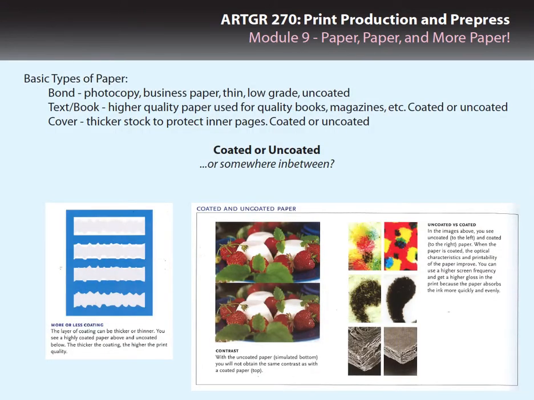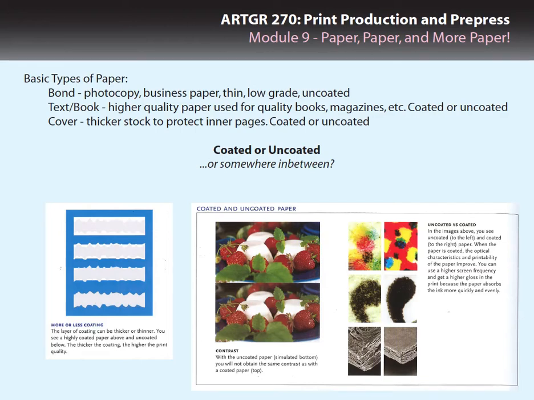So we have some basic types of paper, mainly what we'll use for graphic reproduction is the text and book paper, or cover stocks. Bond paper is your basic business paper. For photocopying, it's very thin, it's a low grade type of paper, uncoated, but for getting nice quality results for offset printing, we would use a text type of paper, book paper.